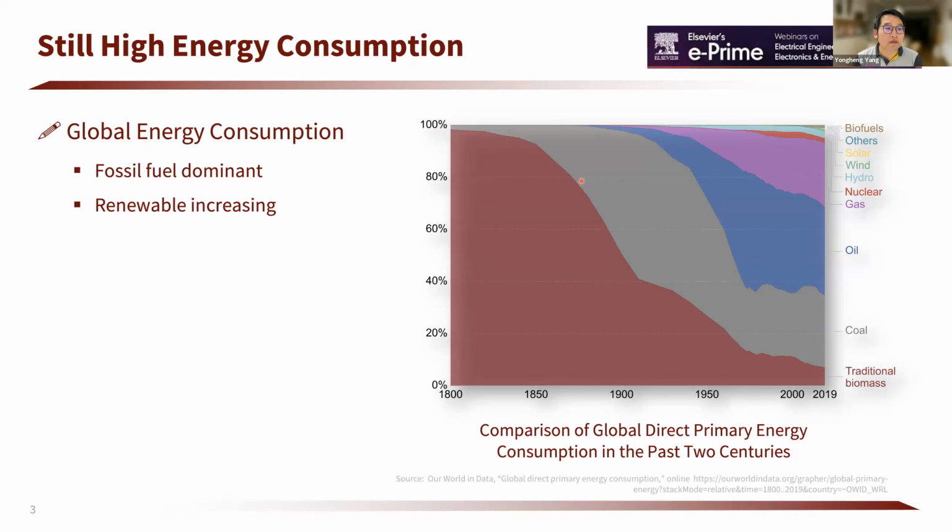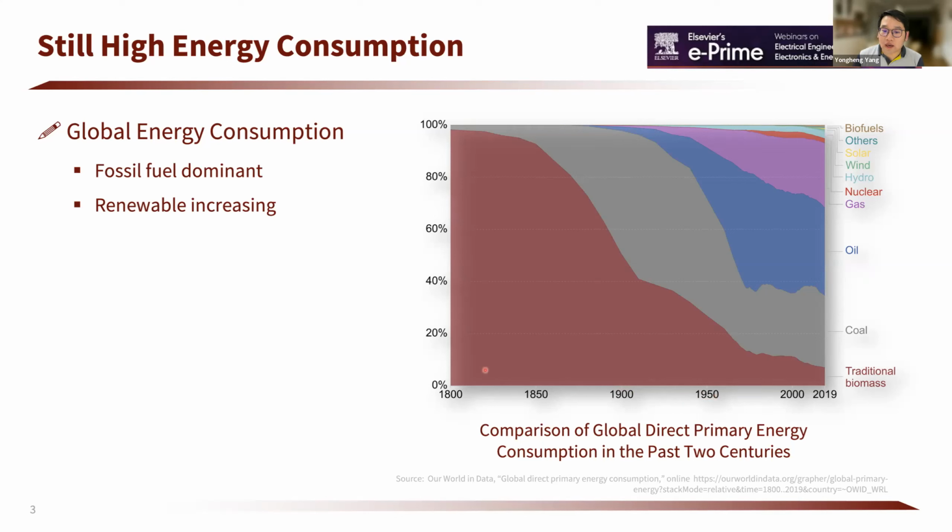So as we all know, the global energy consumption is still increasing at a fast pace. As you can see on the right side of this slide, the figure compares the global direct primary energy consumption in the past two centuries.